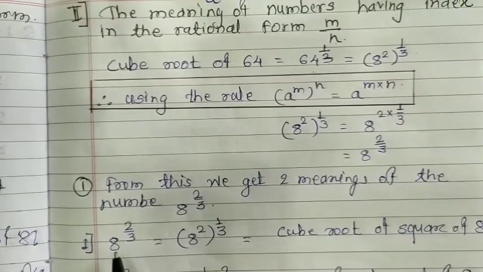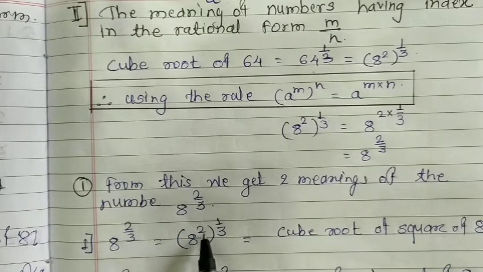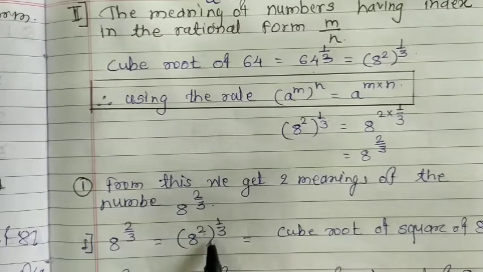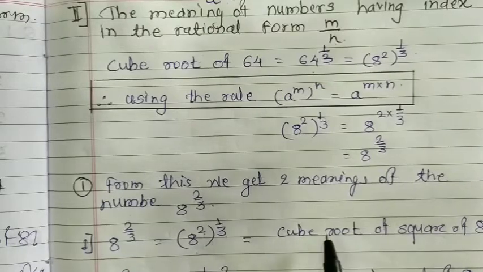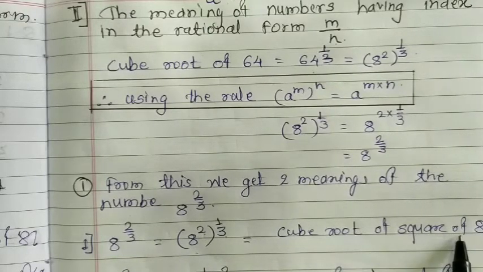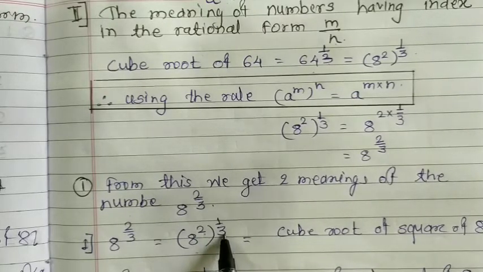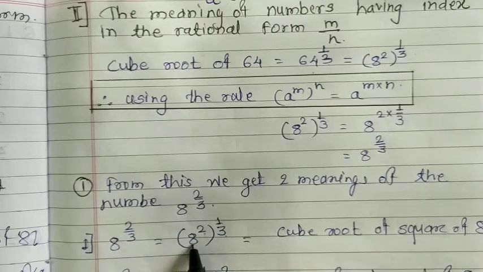First method: 8 raised to 2 upon 3 is equal to, using the index rule, (8 raised to 2) raised to 1 upon 3. Let's see how we can read that: cube root of square of 8, that is cube root of square of 8.